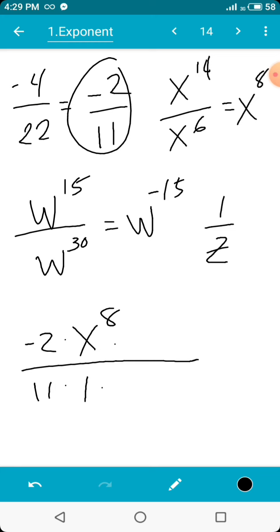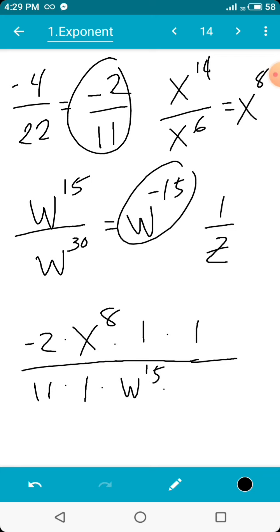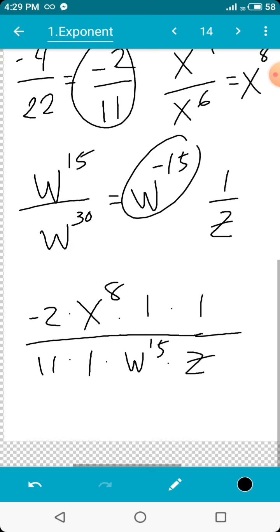And then yung W natin, negative. So, ibig sabihin, it will become 1 over W raised to 15. Okay? And then yung Z natin, it will become 1 over Z. Okay?